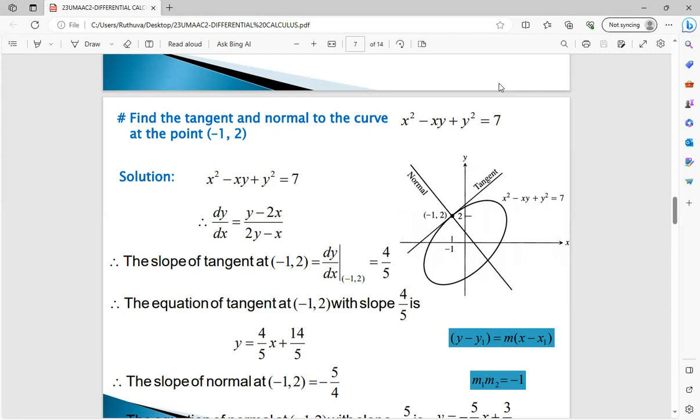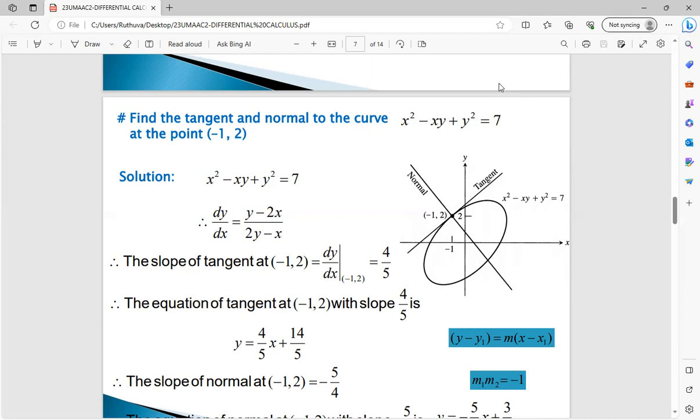First we take the equation x squared minus xy plus y squared equal to 7. Plot the points and draw the curve. First we draw the x-axis as a horizontal line and the y-axis as a vertical line. Then draw the curve for the equation x squared minus xy plus y squared equals 7.